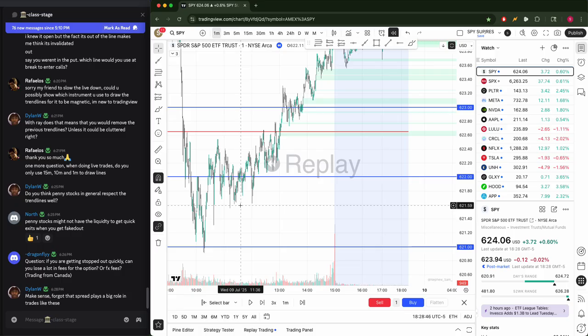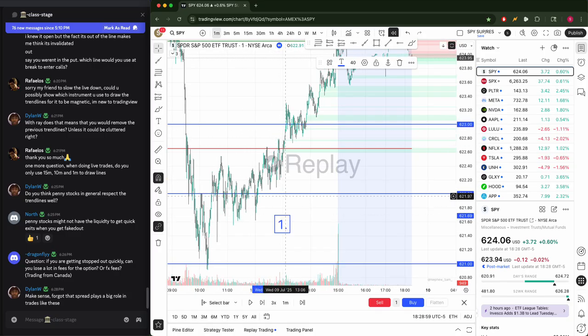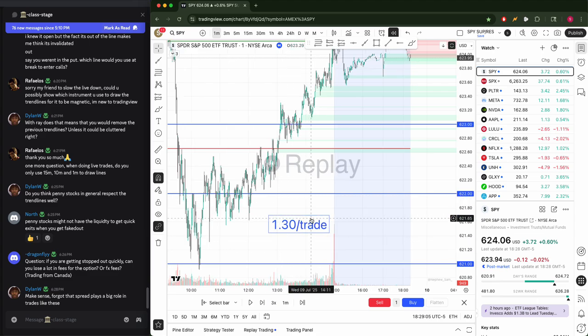I negotiated mine down to 45 cents, right? So what that means is that if your option fee is 65 cents, it costs you $1.30 a trade. That's 65 cents for buying the option, 65 cents for selling the option, and that's per contract, right?